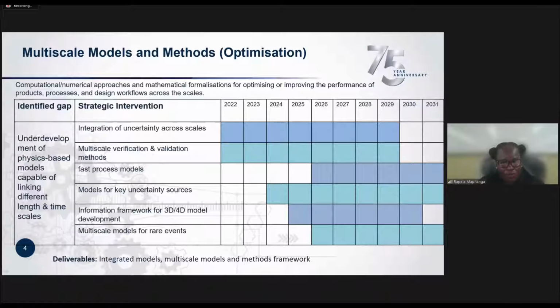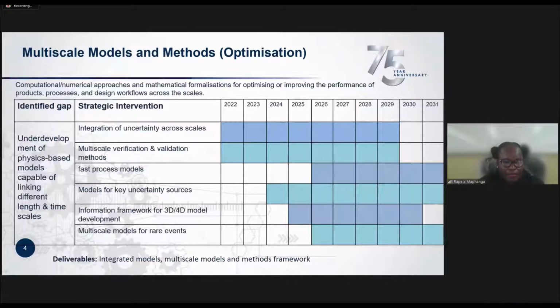Then closely related to the program that I've just talked about, this is more on the multi-scale, combining two or more scales together and seeing how we can develop a complex system based on that, or not necessarily a complex system. How do we develop systems that could solve some of the societal challenges that we have in the country? So the gap that we identified is that there's an underdevelopment of physics-based models that are capable of linking different length and time scales, and the proposed activities or strategic interventions are listed there with their time frames.